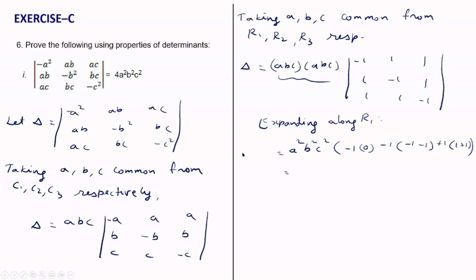So here we have minus 1 into minus 2 is 2, plus 2, 2 plus 2, 4. So this is equal to 4a square, b square, c square. This is equal to the right hand side. So this is what we have to prove.